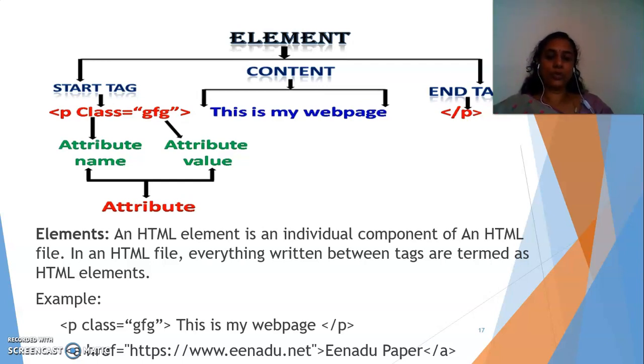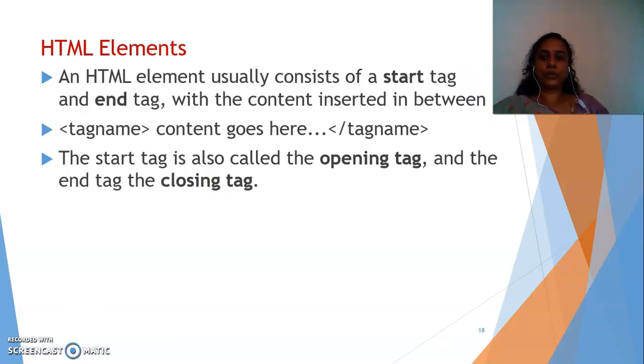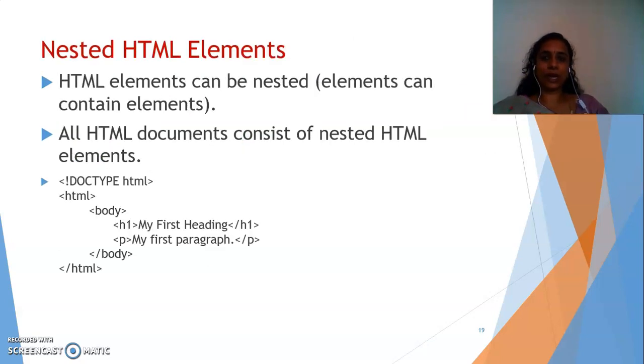Which you usually give as href, which is a fixed attribute. It is fixed again, since it's a command. Href is equal to, within double quotes you give the value wherever you want, that is the destination URL.